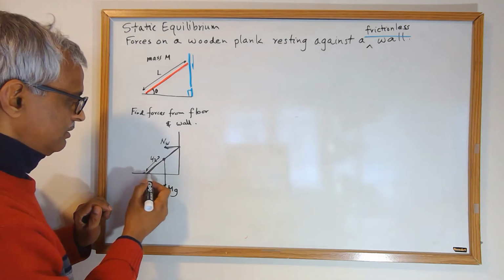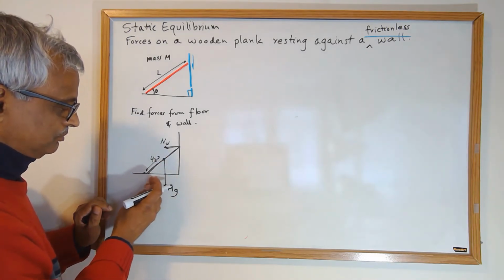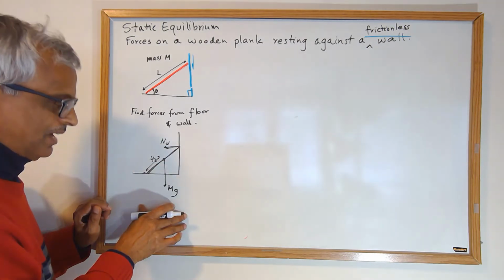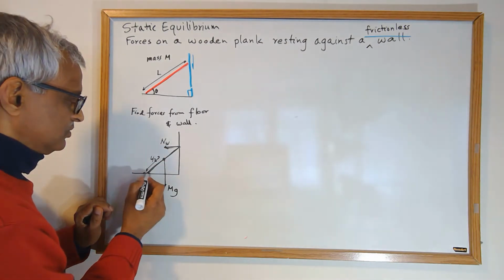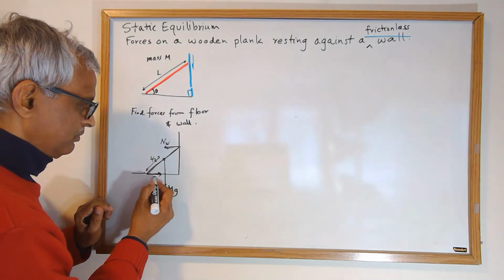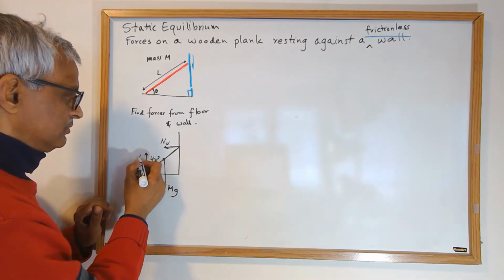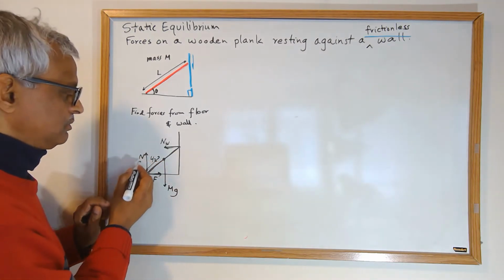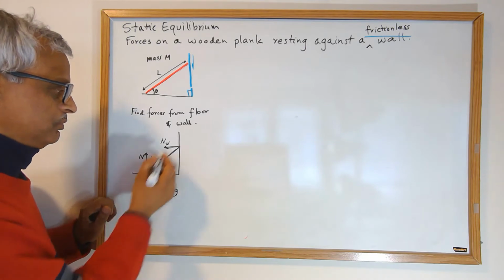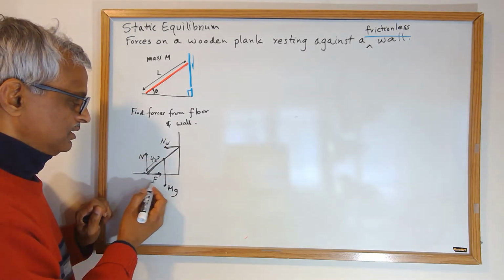Over here, it's pressing against the floor, and if there's no friction, this whole thing will slide down. So there is a friction that way. Let's call that F, and we can call this N, just N, or you could write N sub F, but for consistency, this is the static friction from the floor.